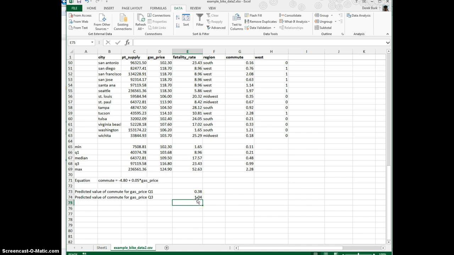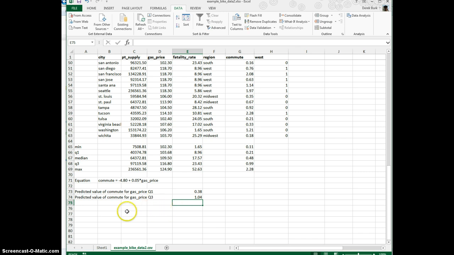0.38% to 1.04%, because I know that the commute percent by bike only goes up to about 2 or 3% at the maximum in these data, I can say that that's a pretty substantial shift to go from 0.38 to 1.04%.